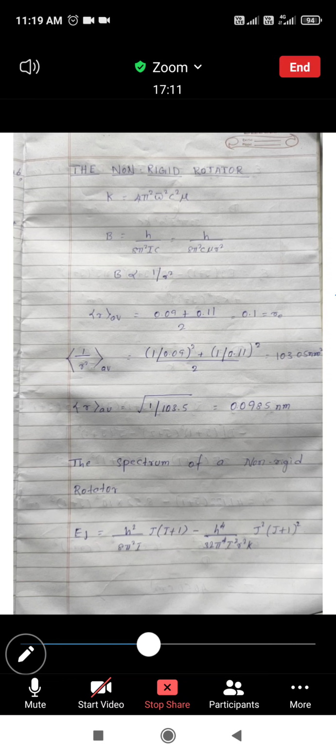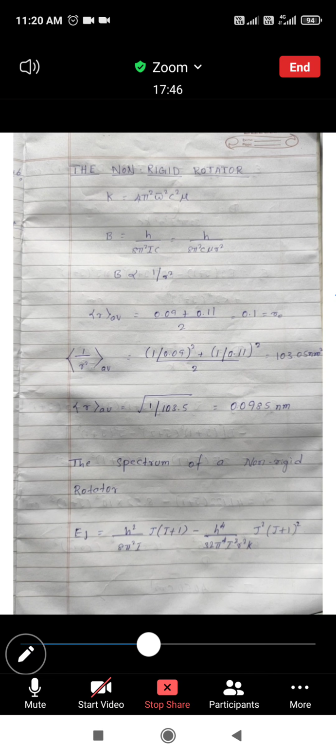So k is the spring constant. Mu is the reduced mass, c is the velocity of light, and mu bar is the fundamental frequency of the spring.